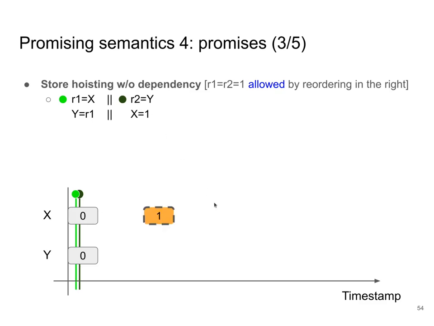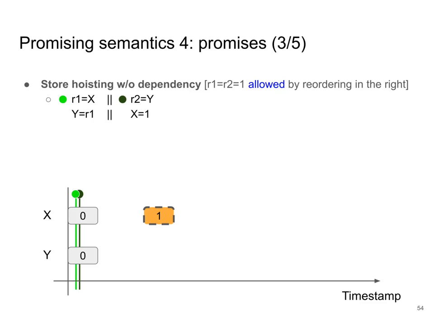This block, which looks different from the normal block, is a promised block. So thread 2 wants to promise to write x equals 1.